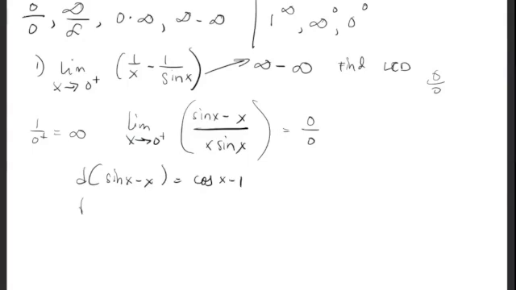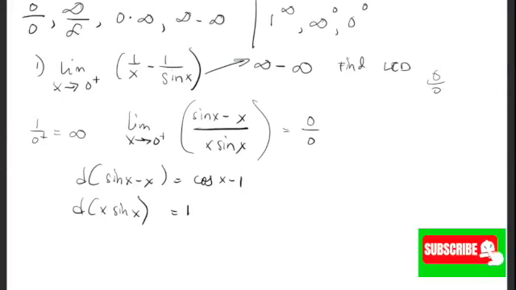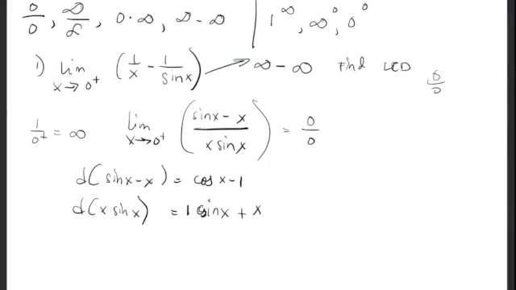Very good. Derivative of x sine of x. That is using product rule. Right? So, first siguro, derive natin yung x, which is 1 times sine of x plus x naman, derivative ng sine, cosine of x. Okay.